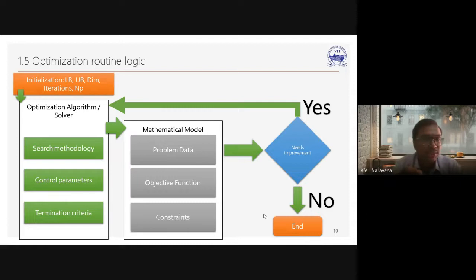The routine starts with the initialization, wherein we have to give the problem specific details, such as the dimension of that particular problem. These things will be very clear when we take the problem, that is the IEEE 30 bus system. How many variables are to be optimized related to the problem? That is the dimension. And we have to give the lower and upper bound values of those decision variables.